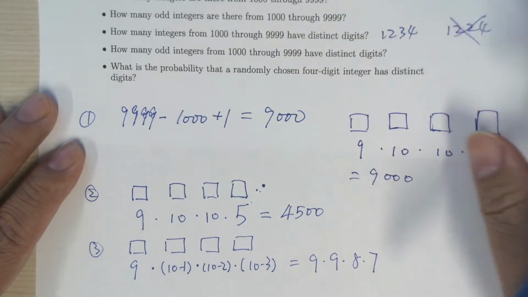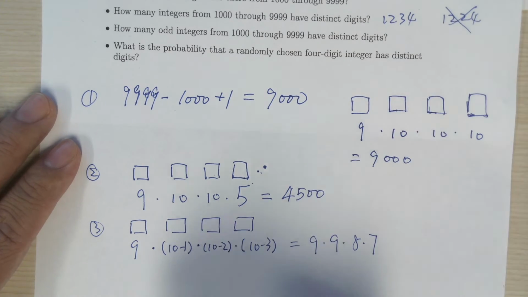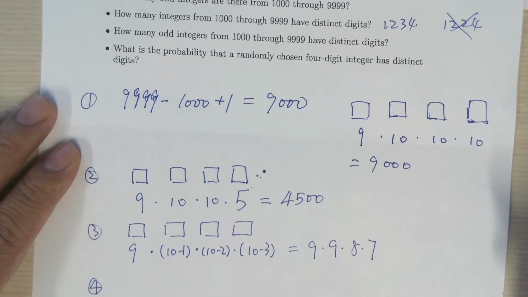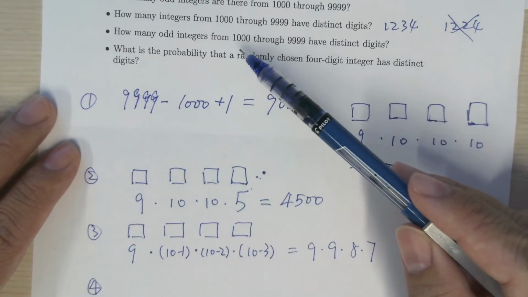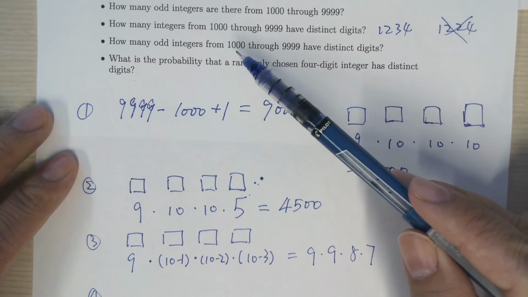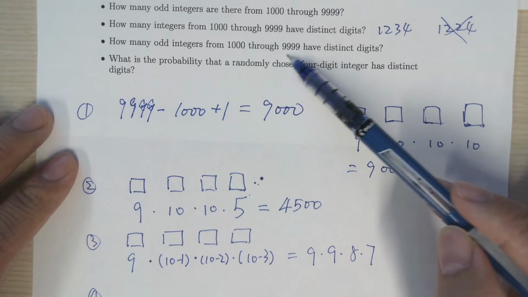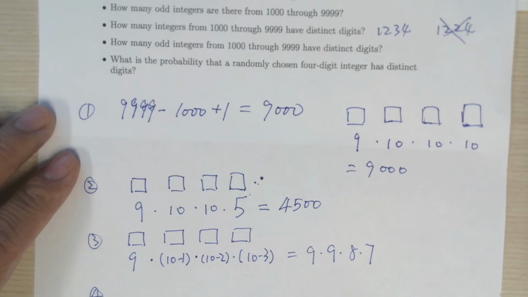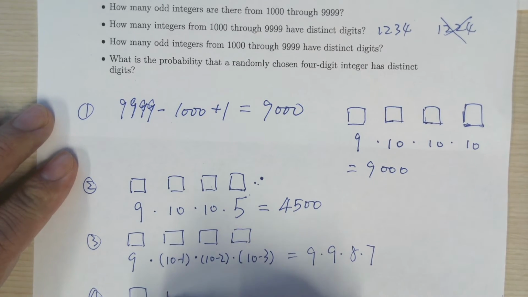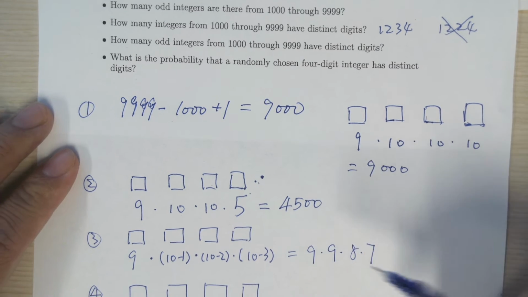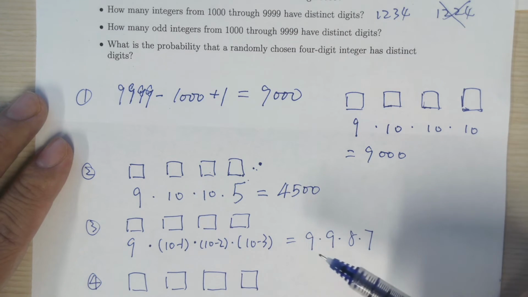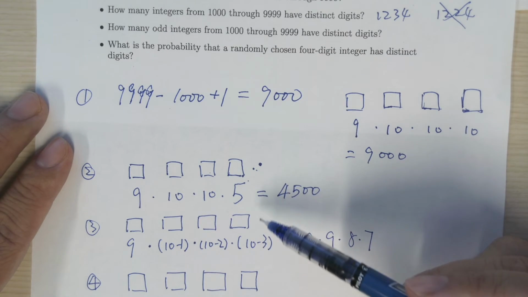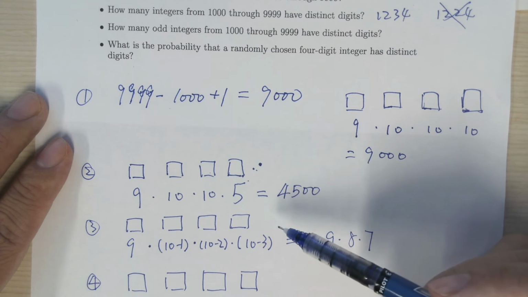Okay, so you can finish the calculation here. I don't want to do that. A calculator can handle that. So number 4, how many odd integers from 1000 through 9999 have distinct digits, right? So again, how do we think about this problem? Well, very similar to part 3, but you need to combine it with part 2.